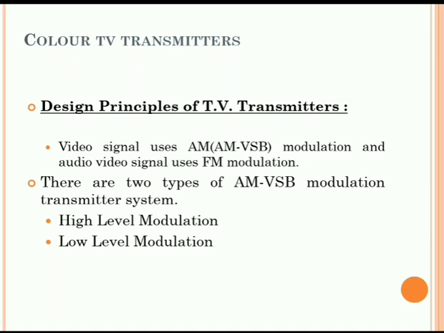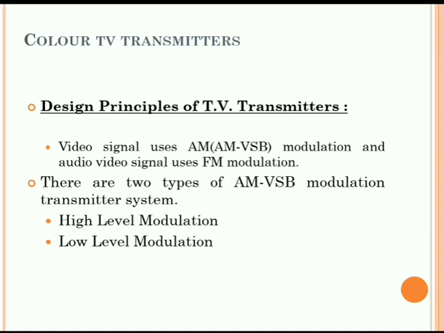Now we will see the design principles of TV transmissions. In the television transmission, the video signal uses AM, that is amplitude modulation. In the process of transmitter, you might have seen the modulation block. In the television, consider there are two signals, one is video signal and one is audio signal.